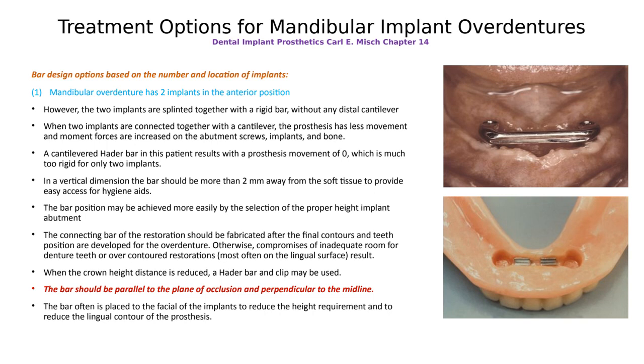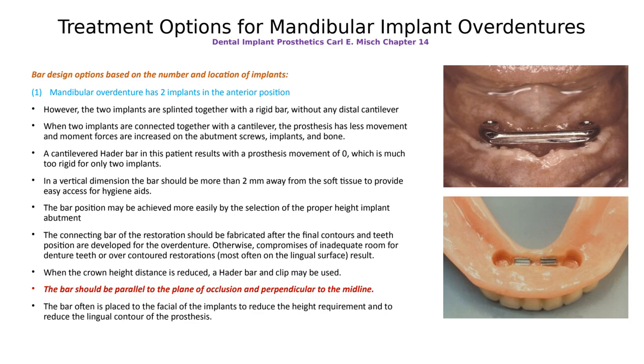When the crown height distance is reduced, a Hader bar and clip might be used. So in other words, if we have small denture teeth and we have more room, we can use a bar that allows us to meet the natural vertical dimension of the patient.